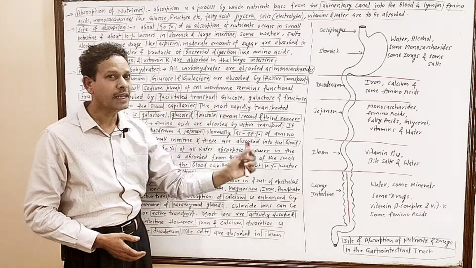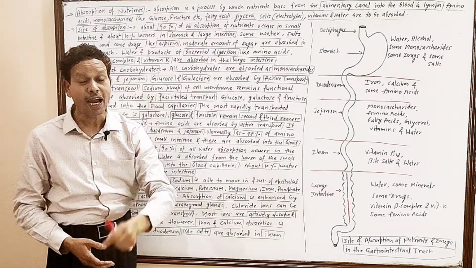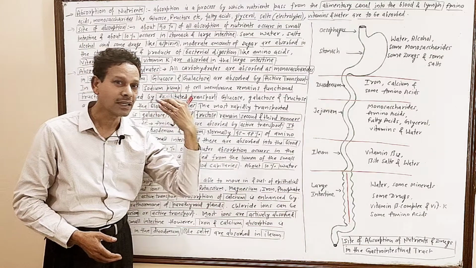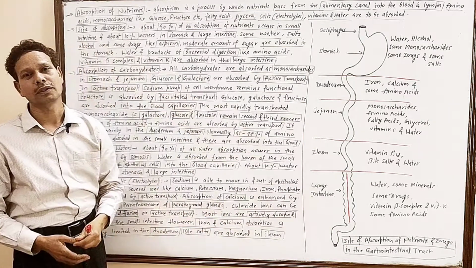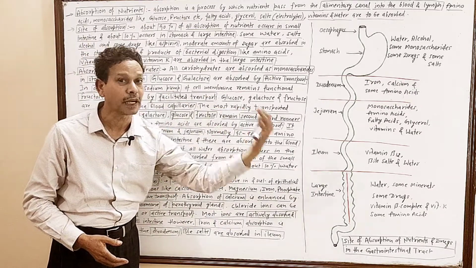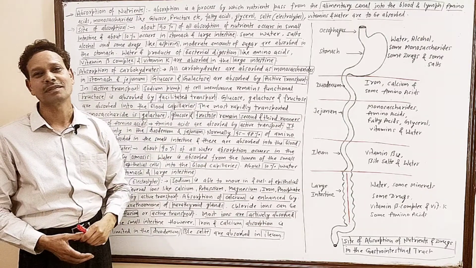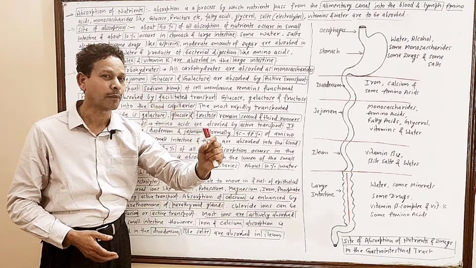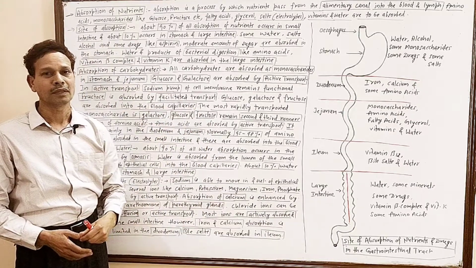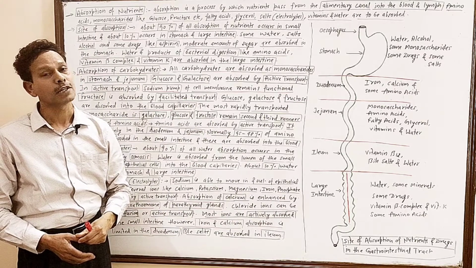In monosaccharides, particularly glucose and galactose, absorption occurs by active transport, by a carrier molecule, and that carrier molecule requires metabolic energy. But in case of fructose, note down each and every point, very important, fructose absorption occurs by facilitated transport.